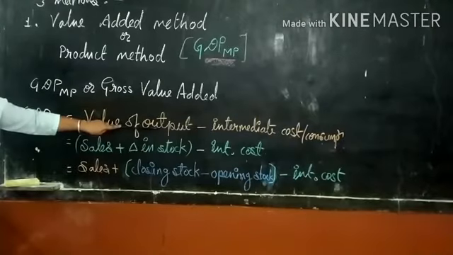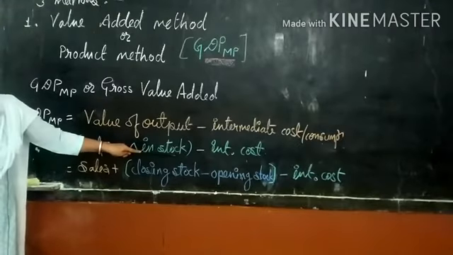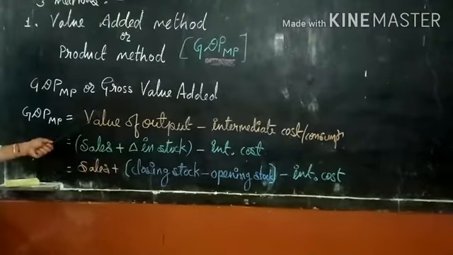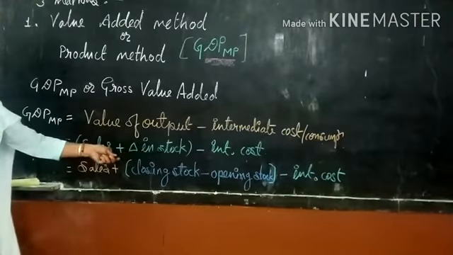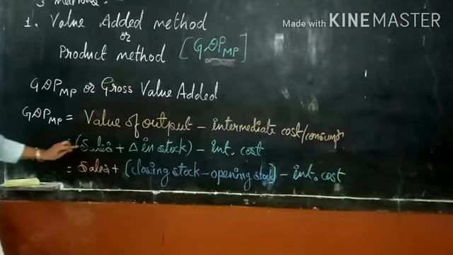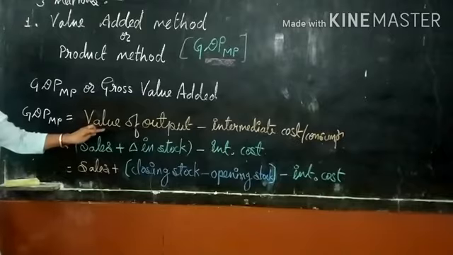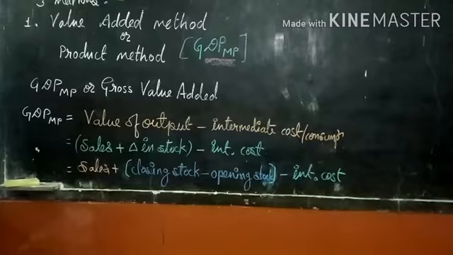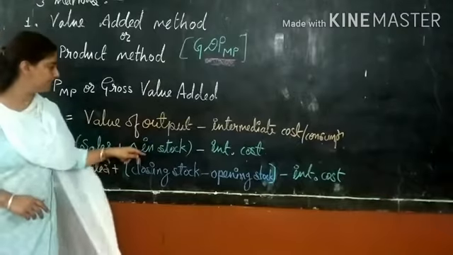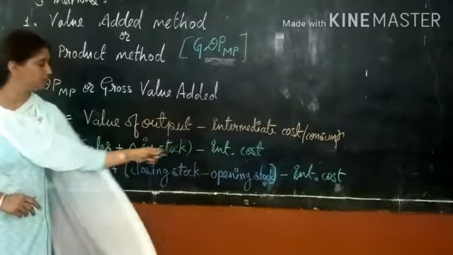Value of output can be calculated by adding sales and change in stock. If value of output is not given and sales and change in stock are mentioned in the question, you have to add both these terms, and you will get value of output. How will you calculate value of output? Sales plus change in stock, and then subtract intermediate cost from this.